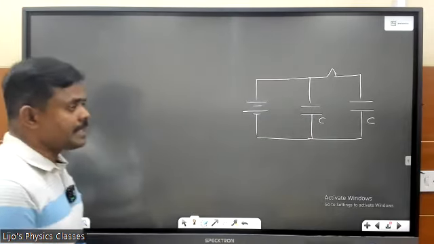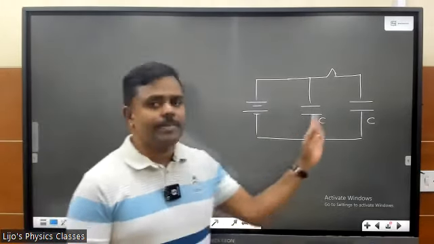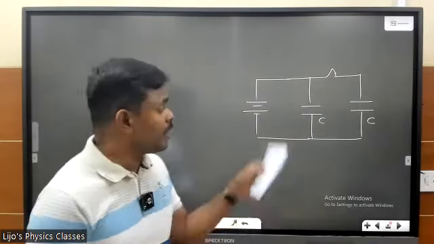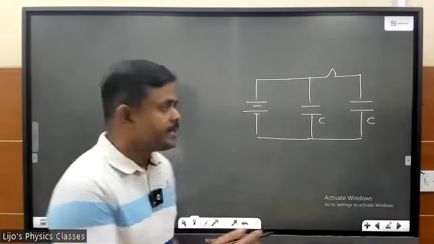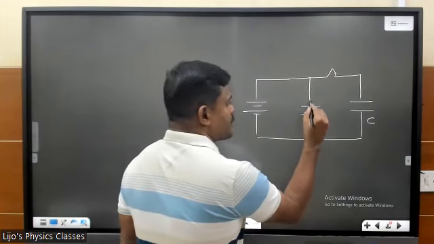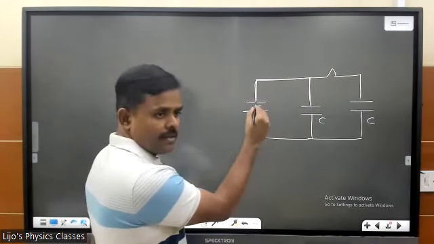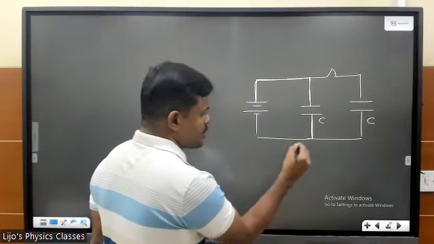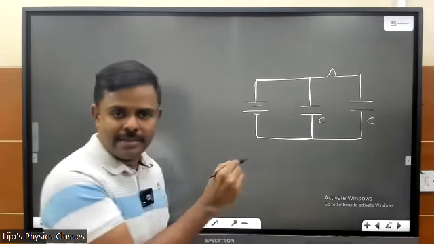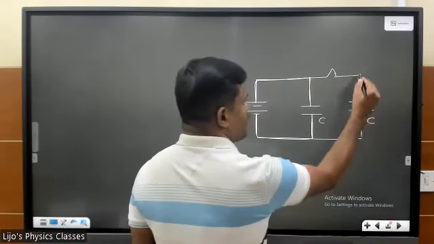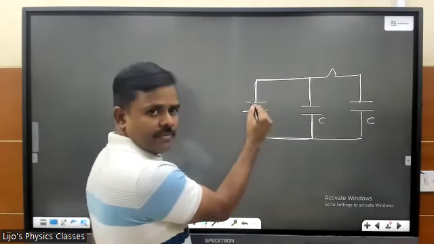Then what? Case number 1 is what? Both the capacitors are connected to the cell. And what kind of a combination they are in? See this? The top plate of this capacitor is connected straight to the positive of the cell. Bottom plate is connected straight to the negative of the cell. Am I correct? Correct. Even for the second capacitor, top plate is connected to the positive.